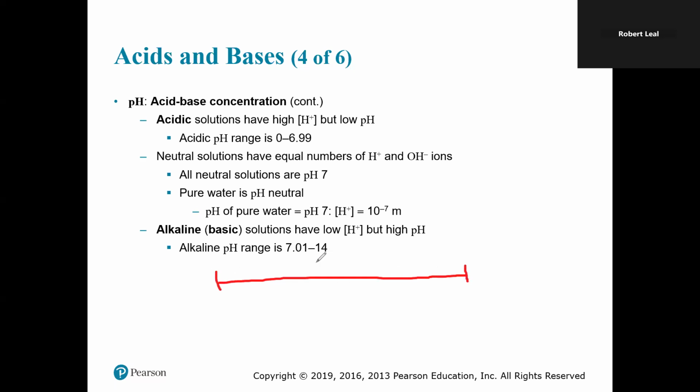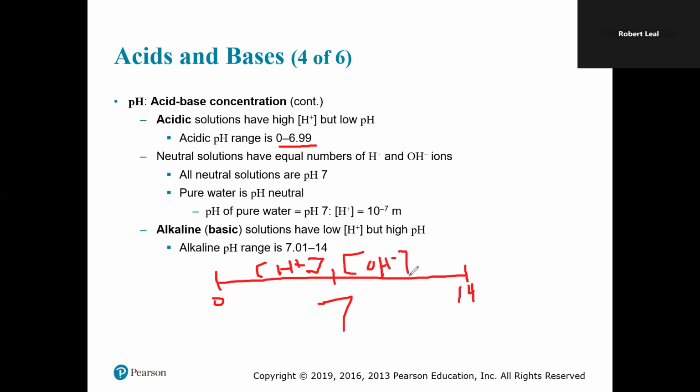All right, so remember it's a scale from 0 to 14 with the midline being 7, right? Anything between 0 and 6.99999, not 7, but right below 7, the solution is acidic. If you have equal amounts of hydrogen and equal amounts of the hydroxide, your pH is 7, and you say the solution is neutral.